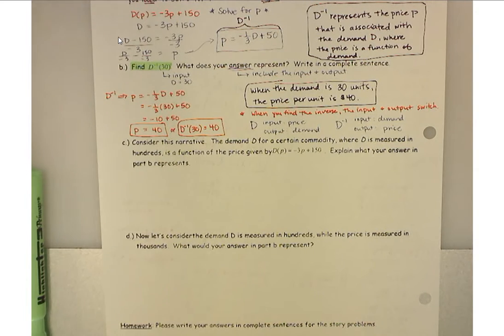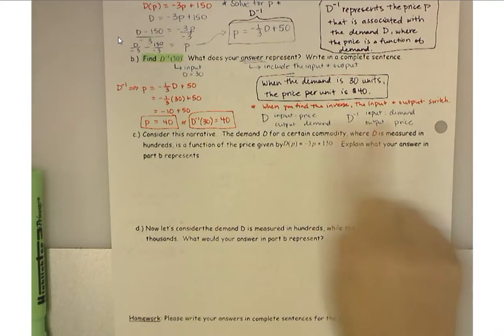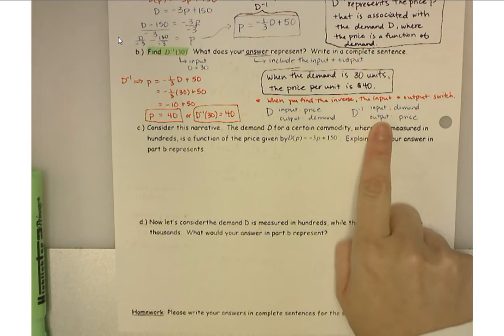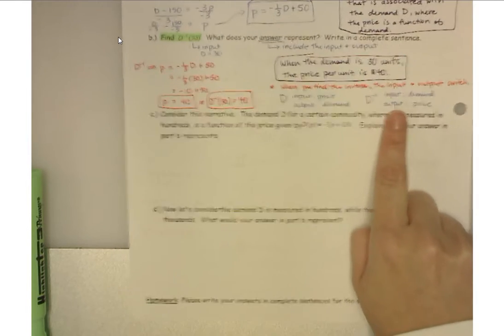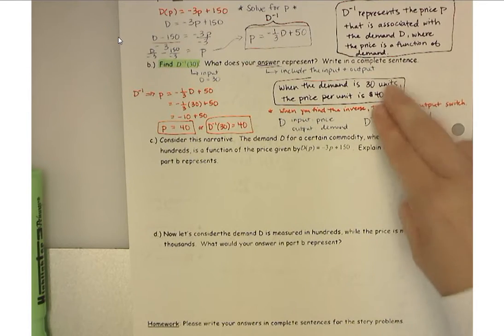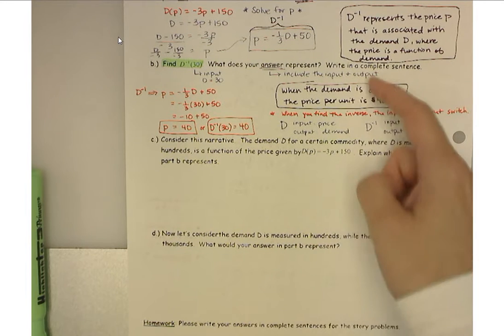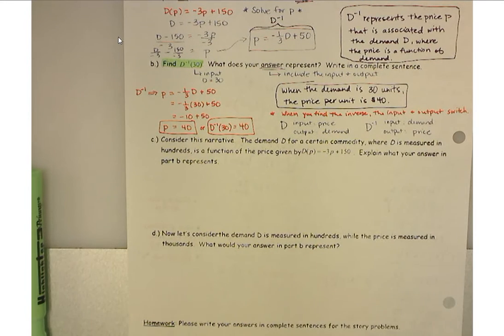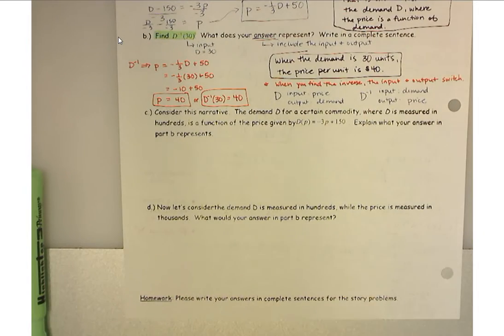When you're doing this for your homework, I don't expect you to write this out every time, but I expect you to think about it before you start writing what they mean. Sometimes when I ask people to explain, they'll flip these around. They'll say, oh, when the demand is 40 units, it'll be $30. So make sure you understand where your input and your output are coming from.